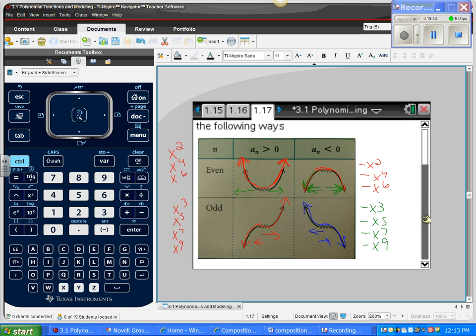As x gets smaller, we're still going down. Odd powers: as x approaches infinity, we are going up to infinity. As x approaches negative infinity, we're going down to negative infinity. If I make that a negative, when I go towards negative infinity, I'm going up to positive infinity, and toward positive infinity, I'm going down to negative infinity. So you're going to have those memorized. I would suggest making it a foldable.